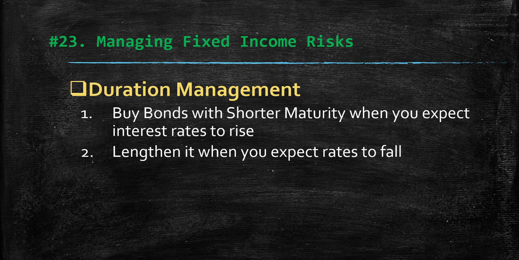So if you anticipate that the interest rates are going to rise in the future, it's better that you buy bonds with a shorter maturity period, so that those bonds can quickly come to maturity, and then they give you the opportunity to reinvest your capital in new bonds with higher interests.